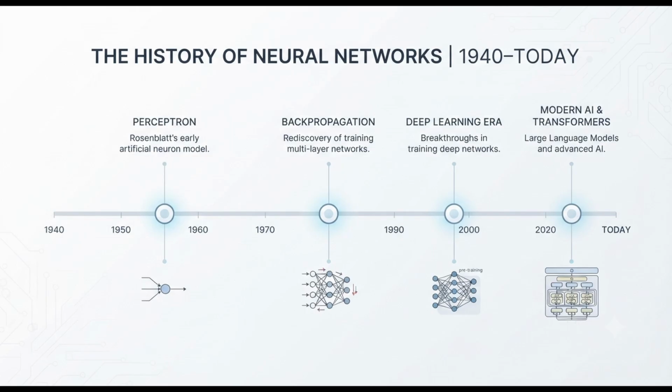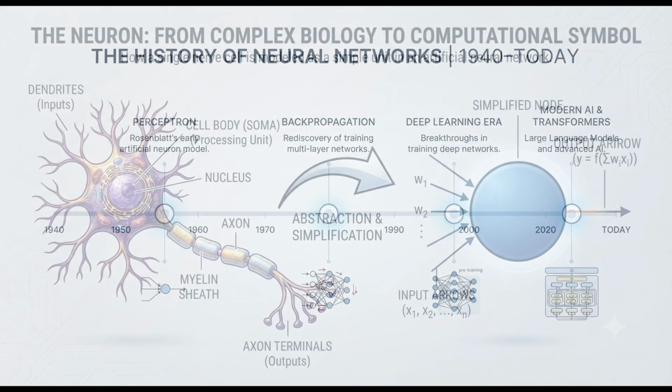What makes it special? Unlike a classical computer, where memory and processing are strictly separated, neural networks blend memory and computation together. Information isn't stored at a specific address, it's distributed across the connection strengths.